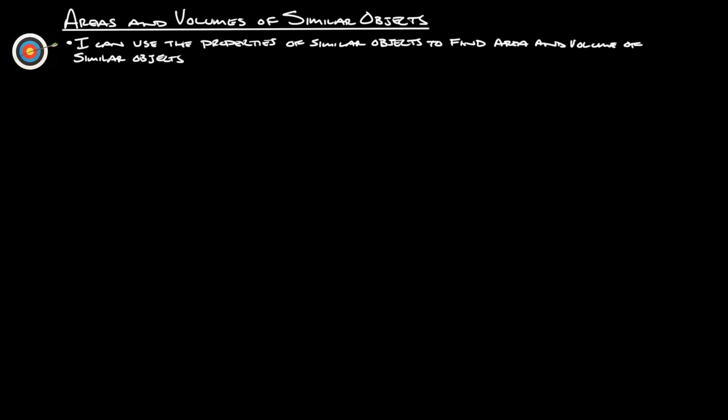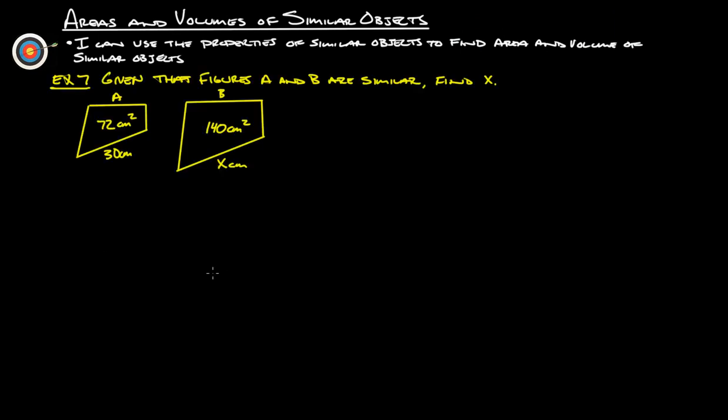Let's take a look at another one. Given that figures A and B are similar, find x. They give us the two areas, and then they give us a side, and we have to figure out what this side should be. Again, our scale factor is going to be x over 30, because we're going to end with this one.